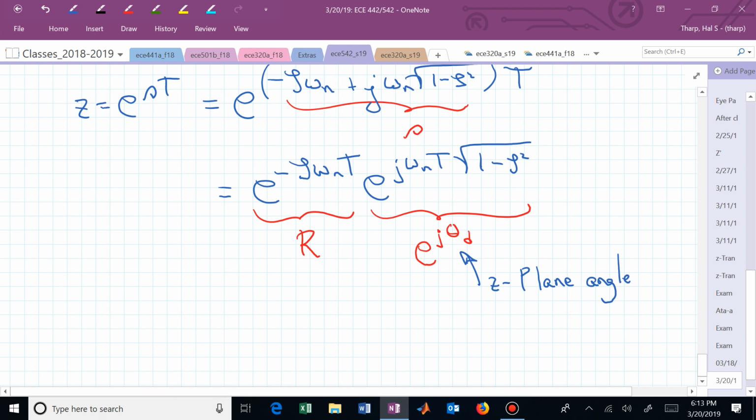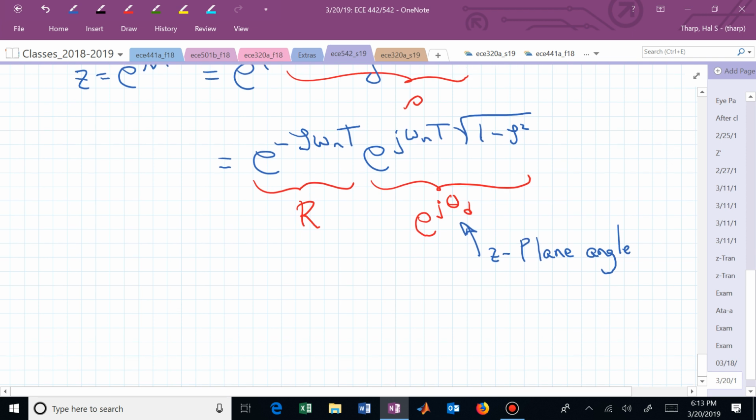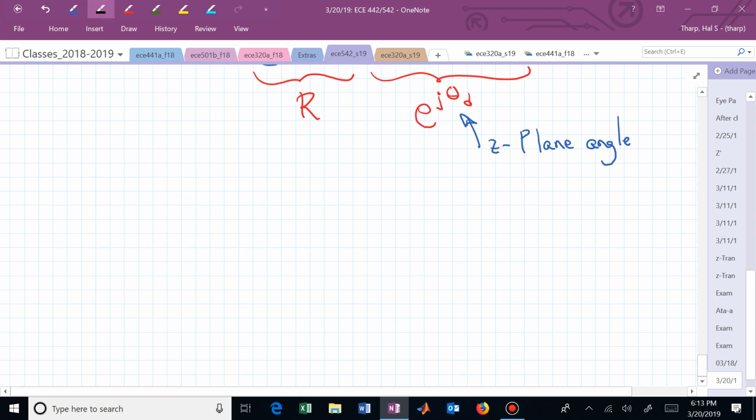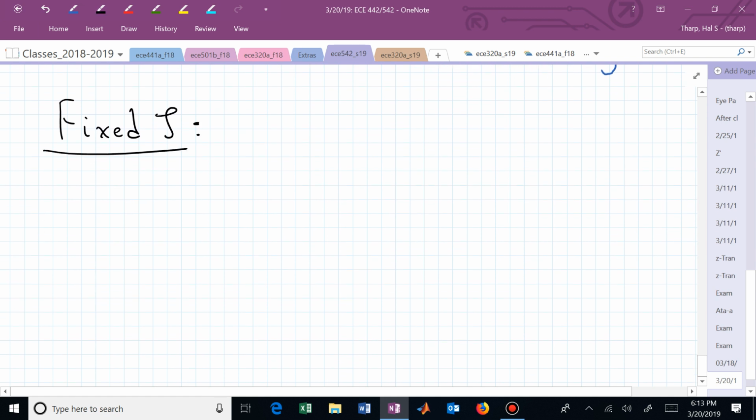Now we're going to plug in different values for omega sub n. T is fixed, and the damping ratio zeta is fixed. So let's try to think this through. Suppose we now fix the damping ratio, and now we plug in omega sub n sub 1.